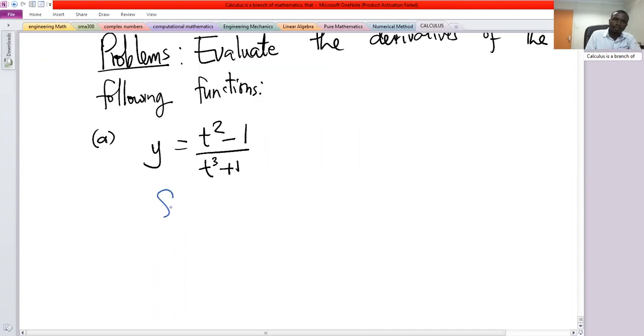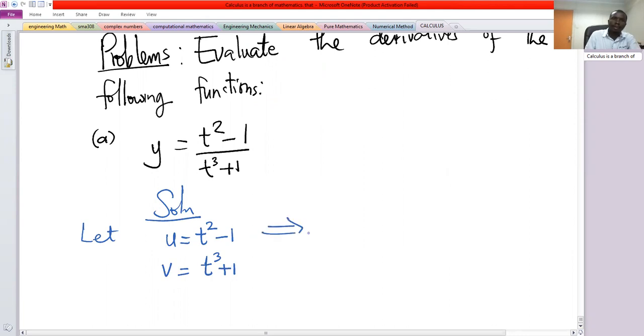Solution. Here, we let u to be the numerator, which is t squared minus 1, and v to be denominator, which is t cubed plus 1.